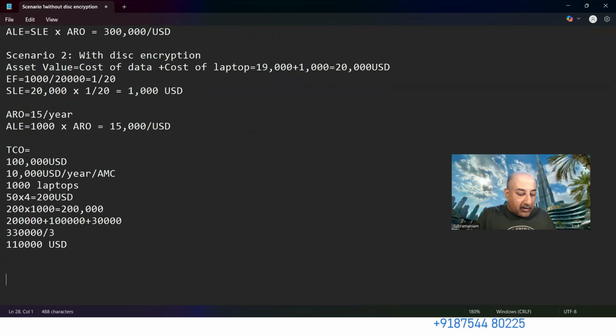Now, return on security investment is equal to annualized loss expectancy without the safeguard, minus ALE with safeguard, minus TCO, total cost of ownership.